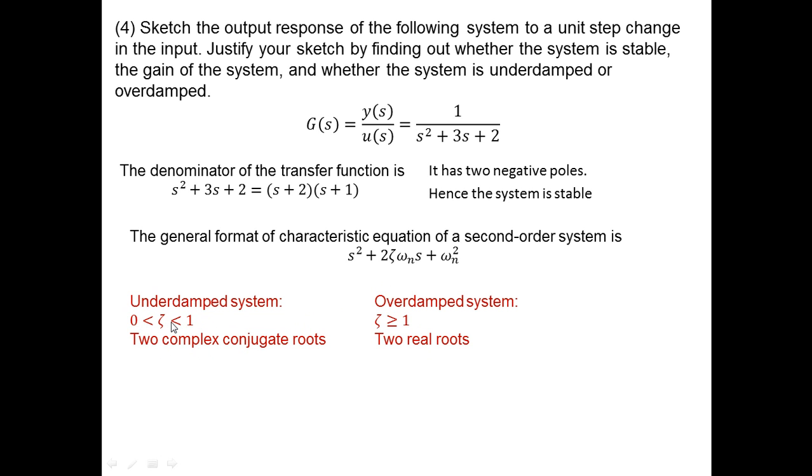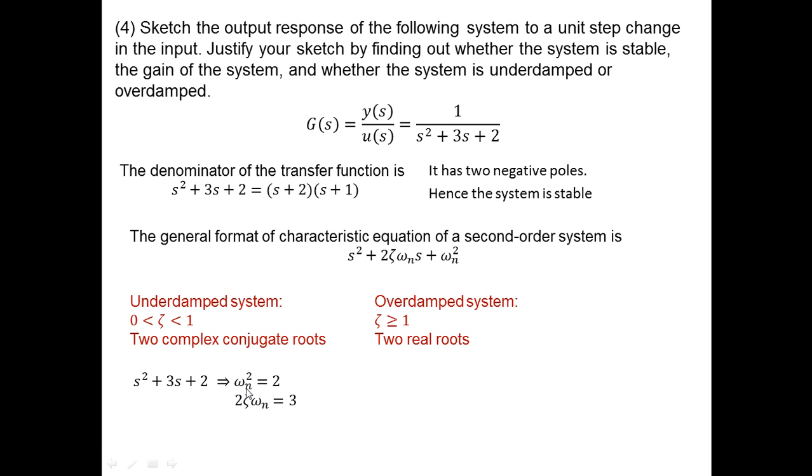Using this criteria, to justify the characteristics of the system based on its damping ratio, I just need to compare this general format with this characteristic equation. Comparing them, I see that omega n squared is 2 and 2 zeta omega n is 3.